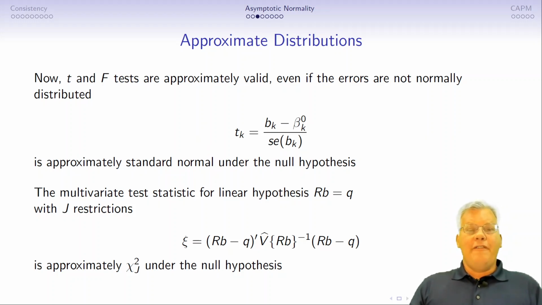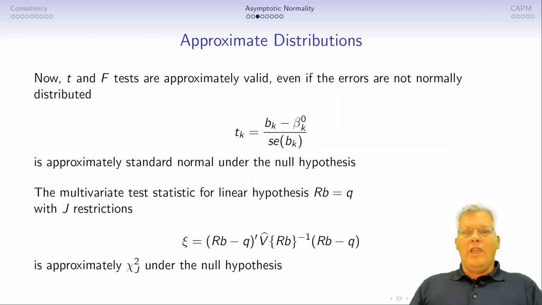Now, t and F tests, which remember had exact distributions if we made parametric assumptions for the distributions of the epsilons, we can now say that t and F statistics are approximately valid even if the errors are not normally distributed. So for sufficiently large samples, the results hold asymptotically.